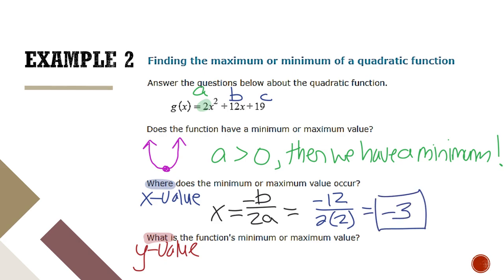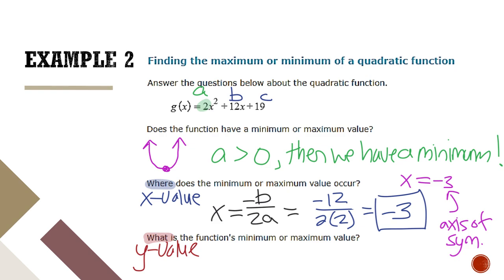So at x equals negative 3, by the way, x equals negative 3 is your axis of symmetry. And that is a vertical line. So if I asked you for the axis of symmetry, you would have to say x equals negative 3, not just negative 3, because that is a vertical line.